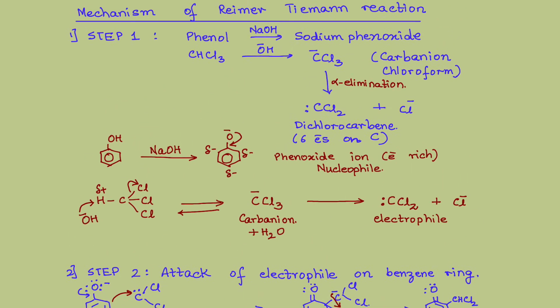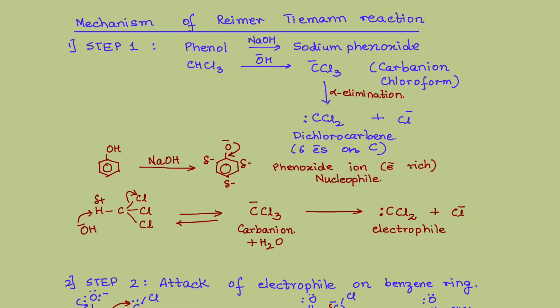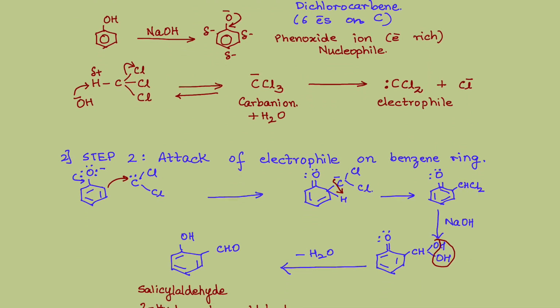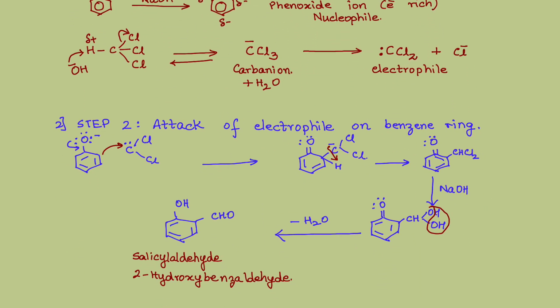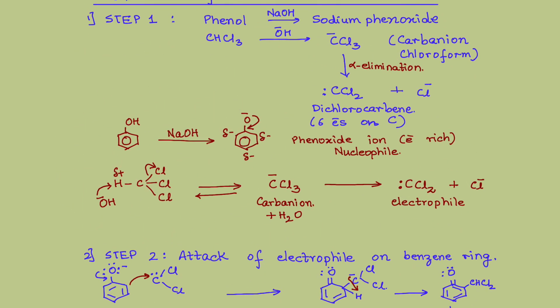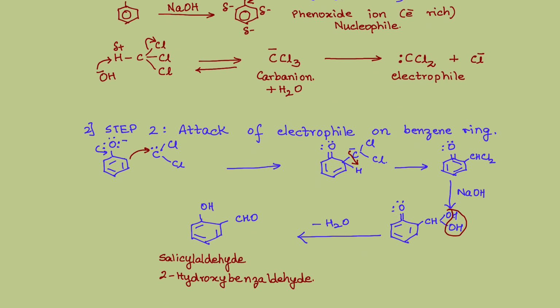Now, in your best interest, I think you should write down this mechanism once again. Now that you have understood, why don't you pause this video and try writing this mechanism once again for better clarity. So you have two reactions, two steps here. So 1, 2, then your combination between the electrophile and the nucleophile, giving you an intermediate.